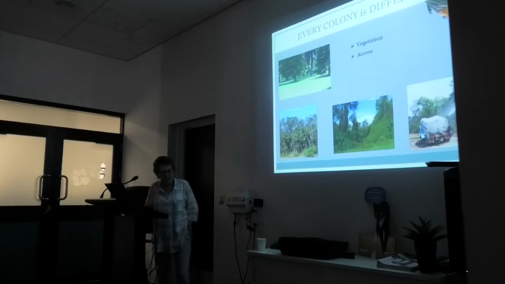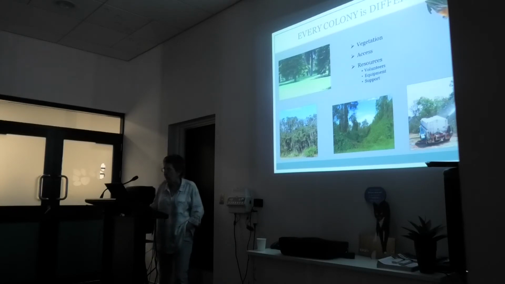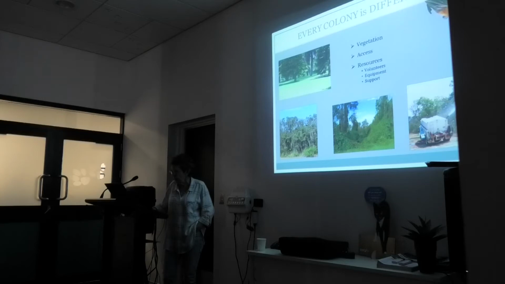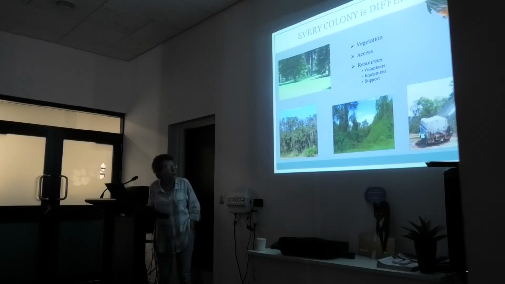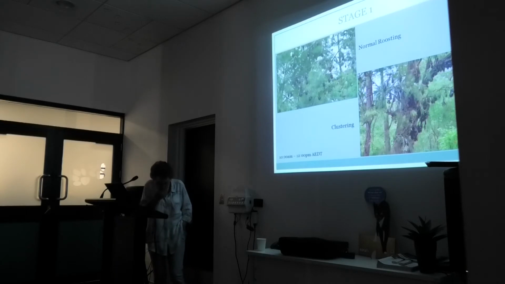That's a tanker in at Cabramatta Creek. What resources are available, how many volunteers, what equipment you've got, and what kind of support outside your carers, that's something that you also need to develop. So there are those sorts of things that you will need.